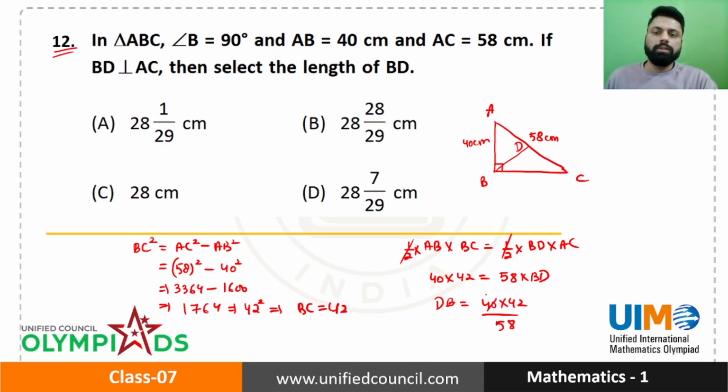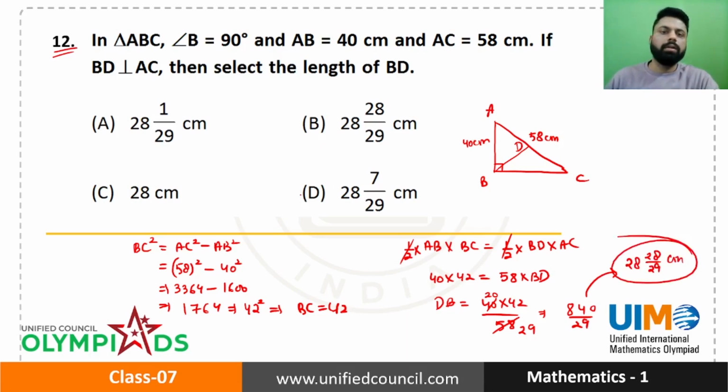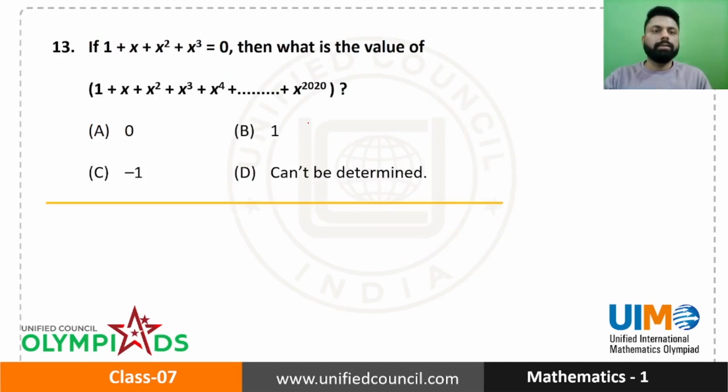So, this is 20, this will become 29. So, this is 840 upon 29, that is equal to 28 and 28 upon 29 centimeter. B option is the correct answer.